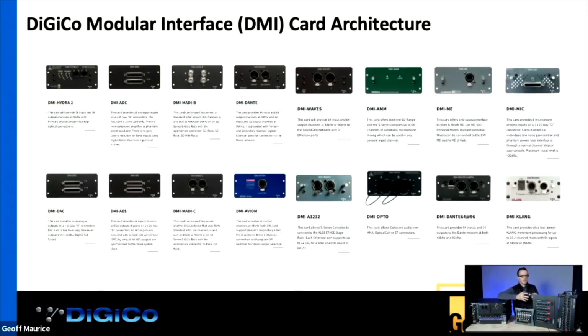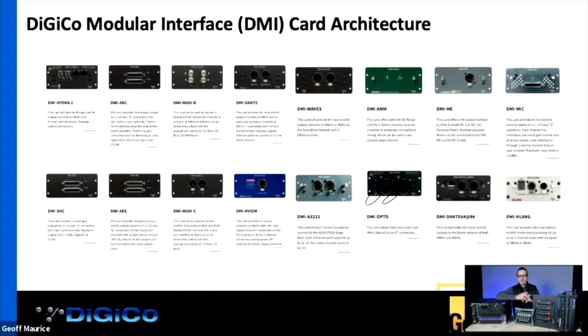Just a quick glimpse at some of the DMI cards that we can put into the frame. These are the 16 different cards that we have available, anything from MADI to Dante to AES to analog. Obviously, optical in our situations today are going to be the most important ones.